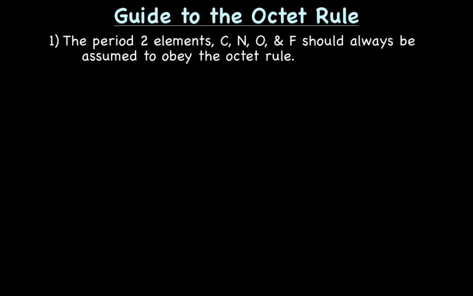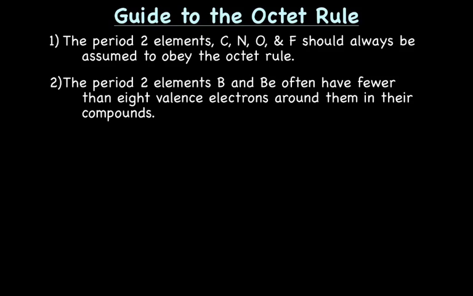All right, and now let's go through a quick guide to the octet rule. How to tell when an atom is supposed to obey the octet rule, not general guidelines. All right, so the period 2 elements, carbon, nitrogen, oxygen, and fluorine, should be assumed to always follow the octet rule. Okay? And then we have the period 2 elements, boron and beryllium.